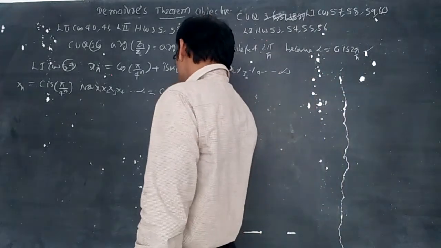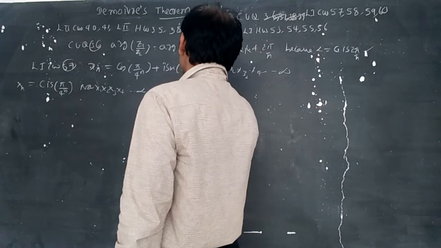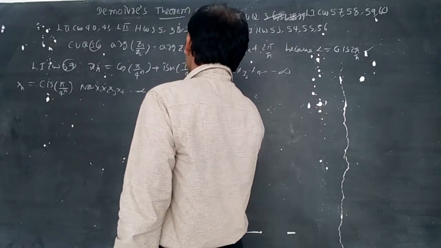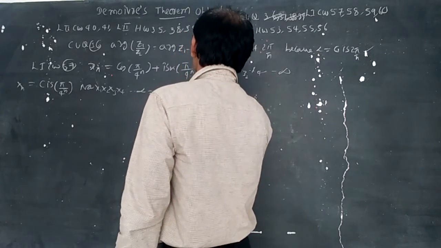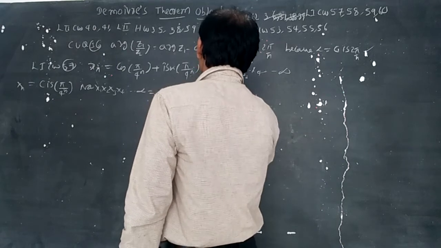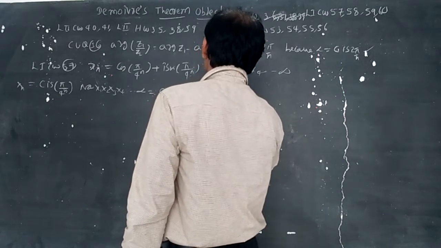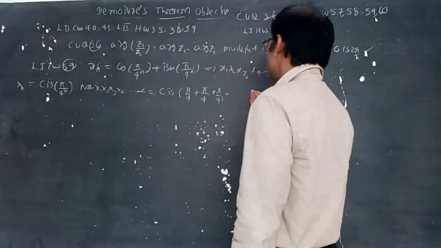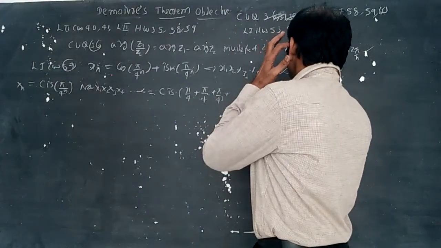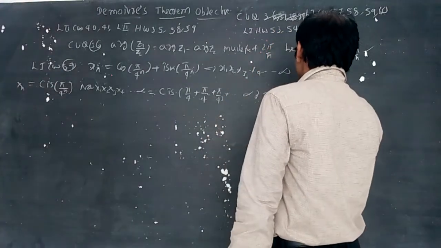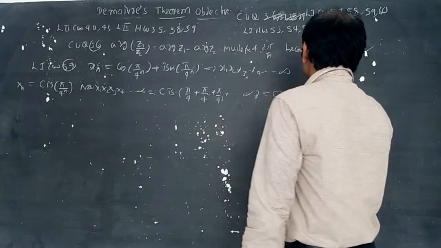In the second way, cis of you can write pi by 4 plus pi by 4 square plus pi by 4 cube like this, plus so on until infinity. So that is equal to, take common cis of this pi by 4 also.